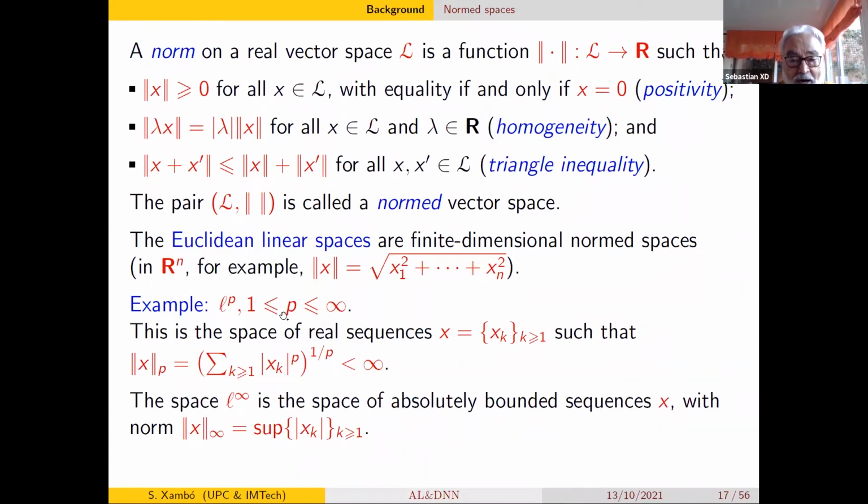Now, the sequences for which this expression is less than infinity form the space little l^p, and its norm is defined by this expression.